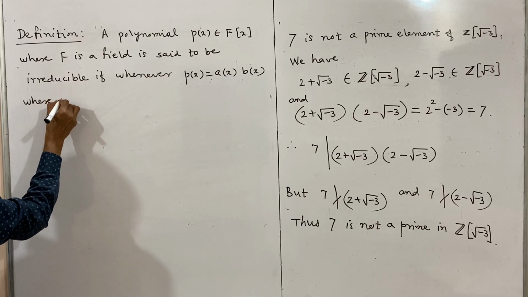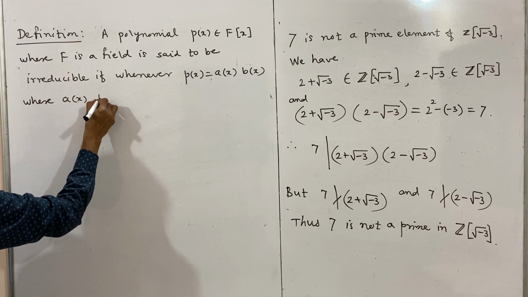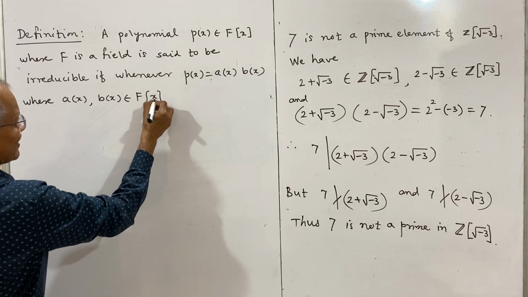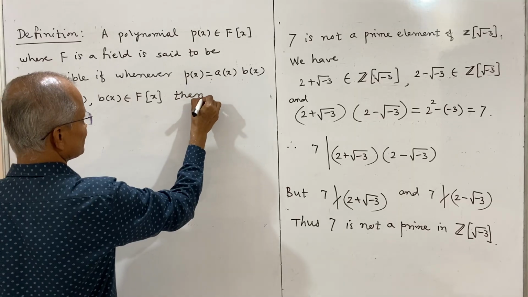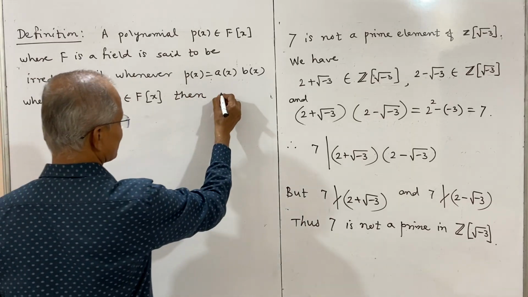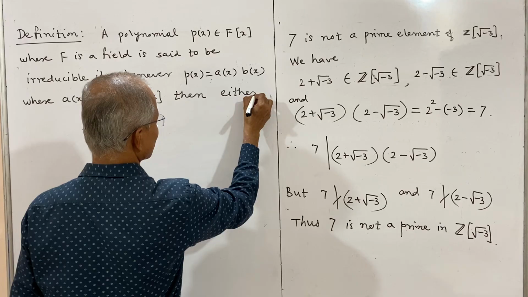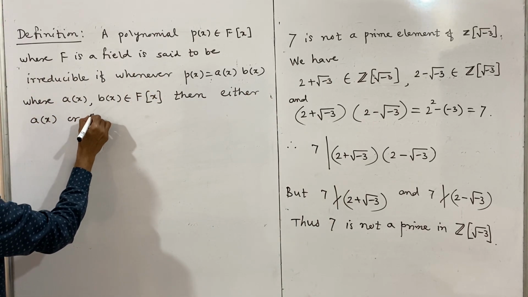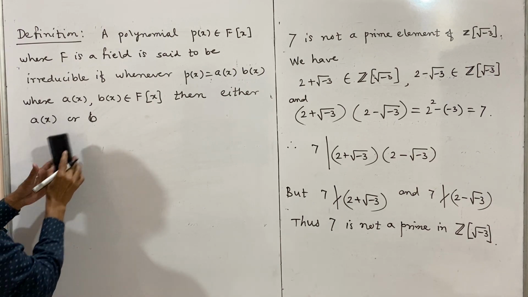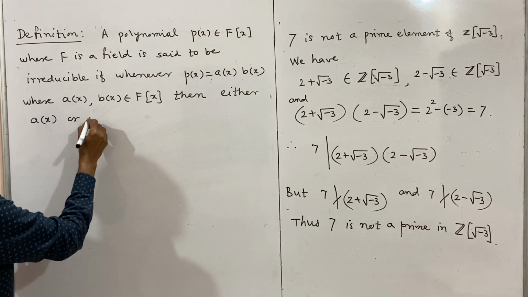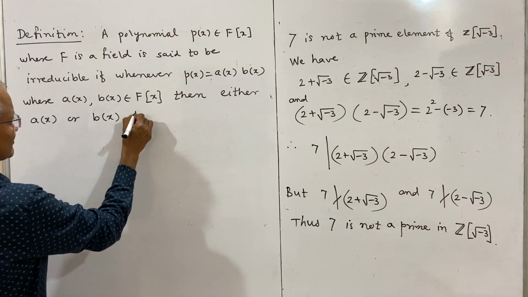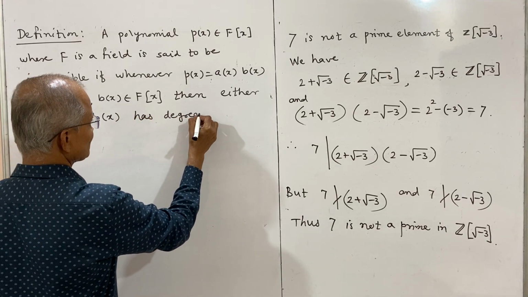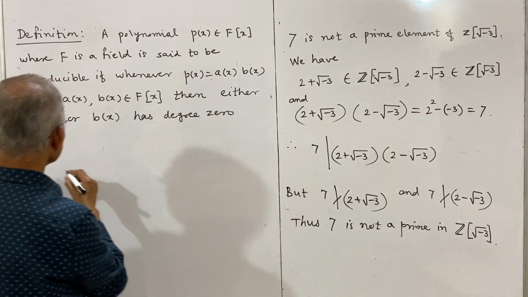where A of x, B of x belong to f of x, then either A of x or B of x has degree 0, that is, a constant.